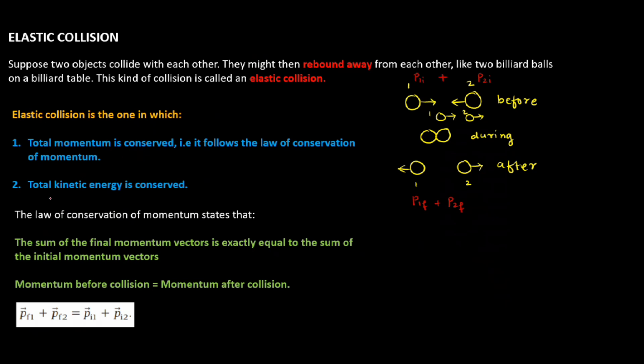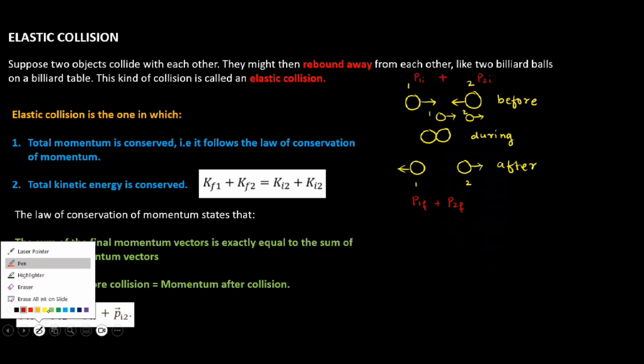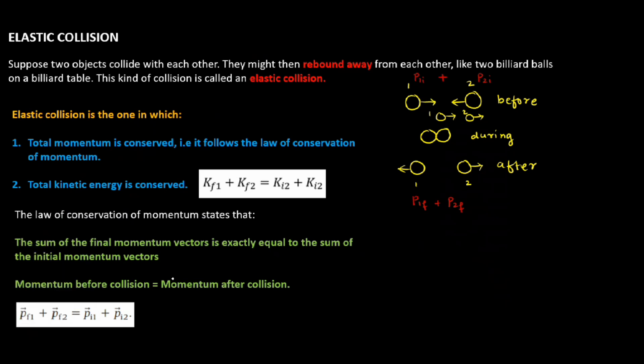Another important thing is total kinetic energy is also conserved. So sum of kinetic energy before collision must be equal to sum of kinetic energy after the collision. So these are the three important things about elastic collision. Whenever you need to determine if collision is elastic or not, you must look at these three things.